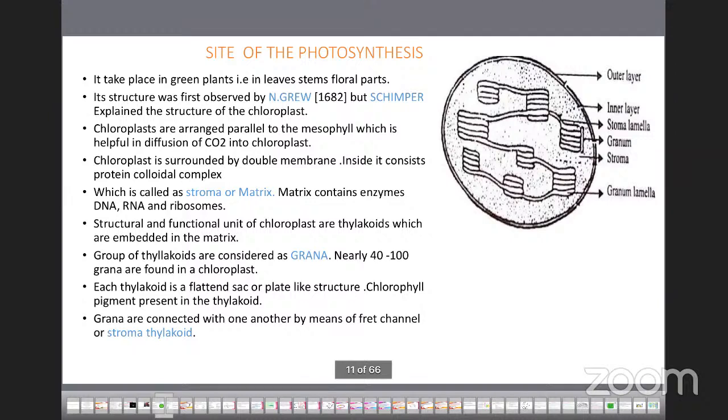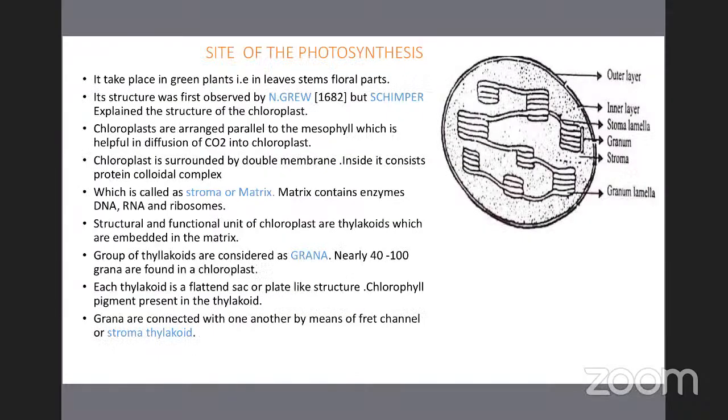Now, inside these two membranes, there is a protein colloidal complex. And this complex is called stroma or matrix. And this matrix contains various enzymes and DNA and RNA and ribosomes. And next, the structural and functional unit of chloroplasts are thylakoids.